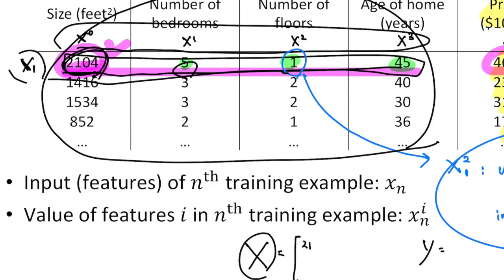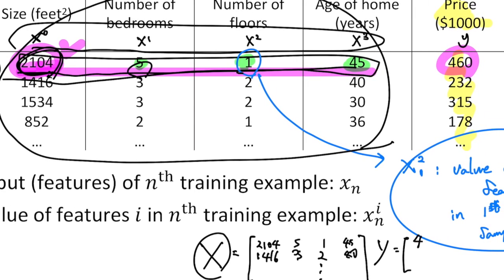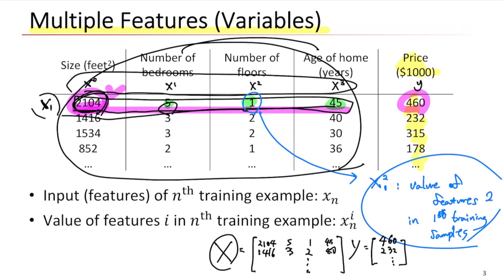So it should be 2001, 5, 1, 45, 1, 45, 3, 2, 40, with y equal to 460, 232, something like this. So now we can represent the input variable in a matrix and vector form like this.